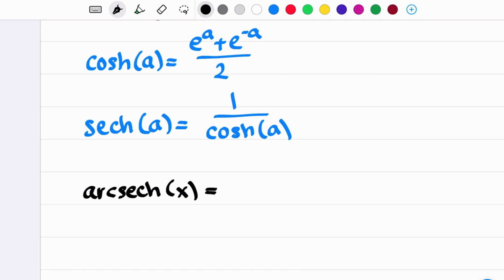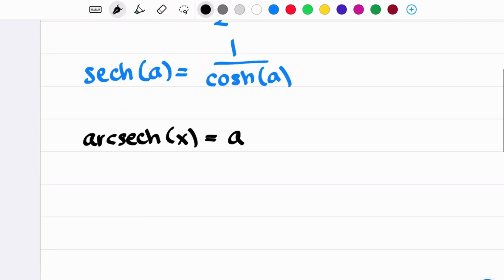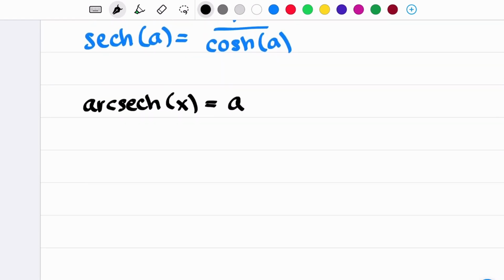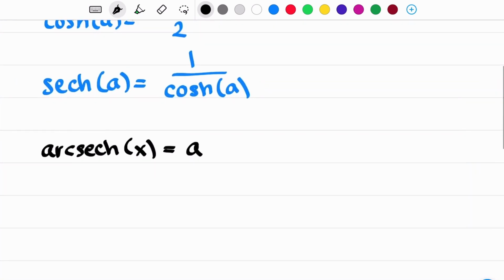So this inverse hyperbolic secant is an area that I'm going to call A. Now I'm going to apply hyperbolic secant to both sides. So I'm going to get that hyperbolic secant of inverse hyperbolic secant, they're going to undo each other. It's just going to be x. And x equals hyperbolic secant of A.